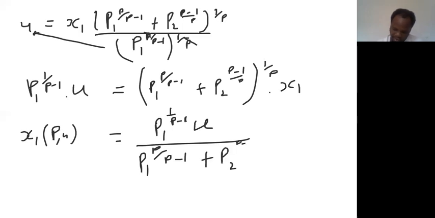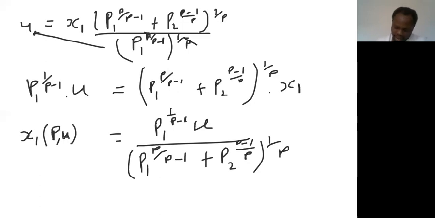Great. Then exponent 1 over phi. So this is the Hicksian demand function for X1, which is a function of only P and U.